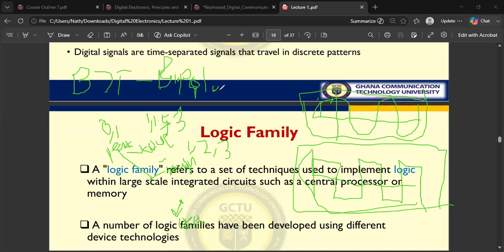Let me ask, what is a transistor? What is the function of a transistor?